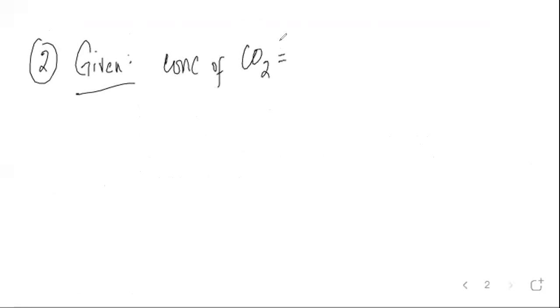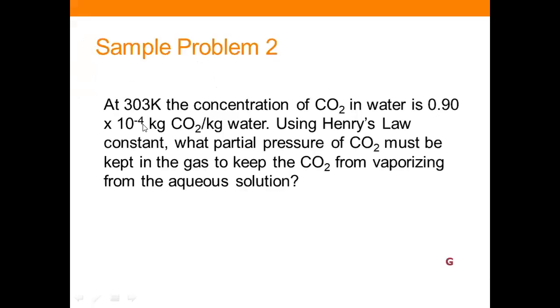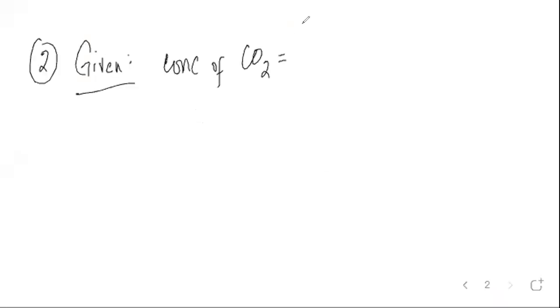and find the required information. So for the second problem, it's still CO2. We're talking about CO2. So the concentration of CO2 is equal to, let me check, 0.9 times 10 raised to negative 4.